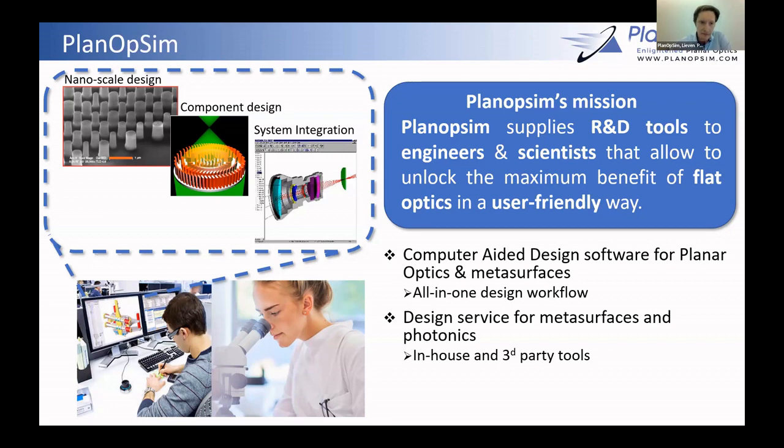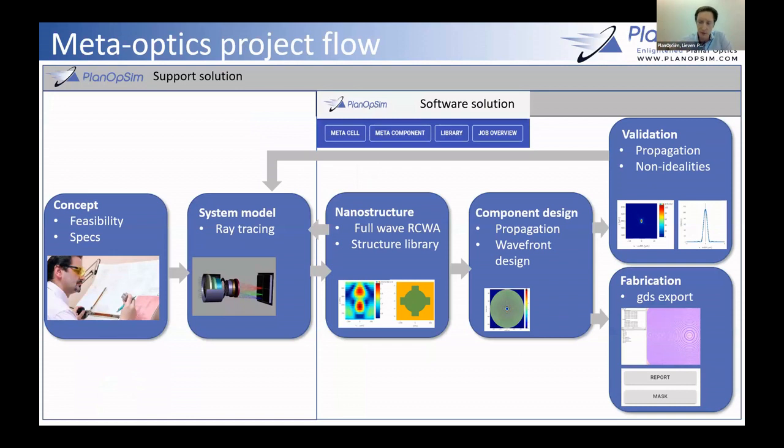We are based in Belgium, and we can support the whole design workflow of a metasurface with our team, going from concept and feasibility analysis to modeling the system in ray tracing or with other third-party tools, and then connecting into our PlanOpSim CAD software, which can model the nanostructure and inform the system design of the nanostructure's behavior, down to making libraries of components and multiple components consisting of several nanostructures, which are then validated in the software calculation and can be sent to GDS or other formats for fabrication later on by your labs or by partners.